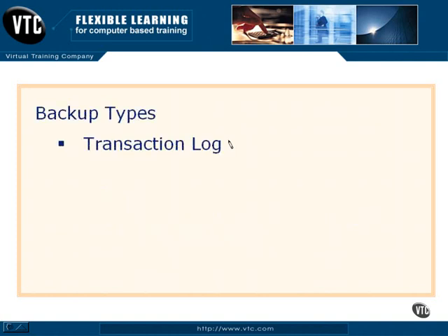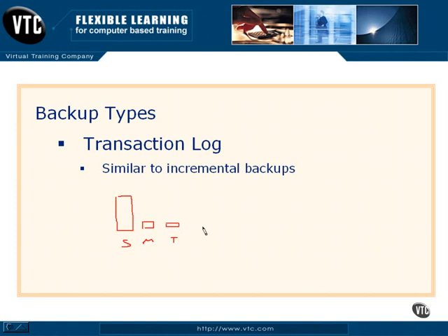Then the last backup type is the transaction log. And again, this is similar to incremental backups because we're only getting what changed that particular day. If I do a full backup on Sunday night, then I do a transaction log of just what changed on Monday. Then on Tuesday, I do again just what changed on Tuesday.